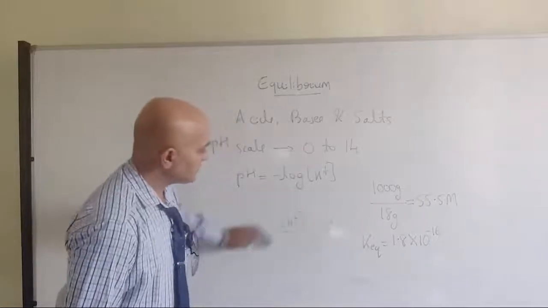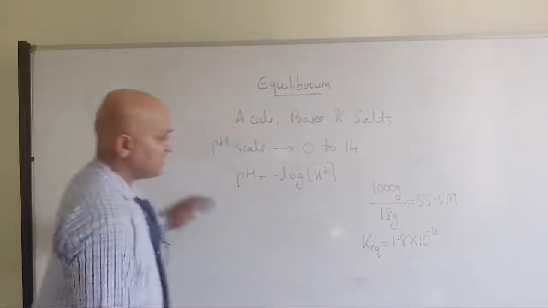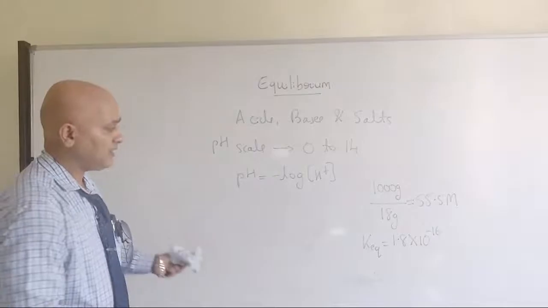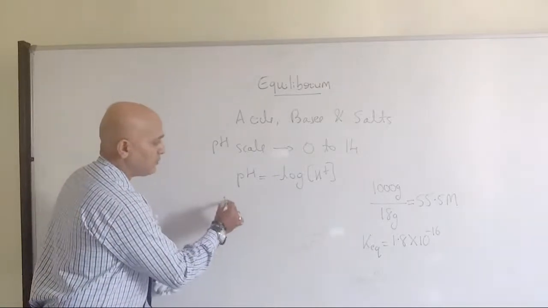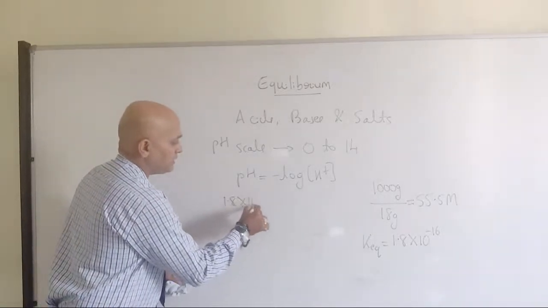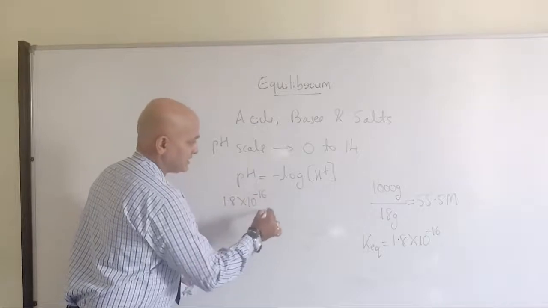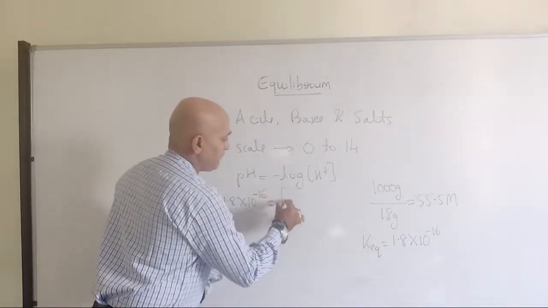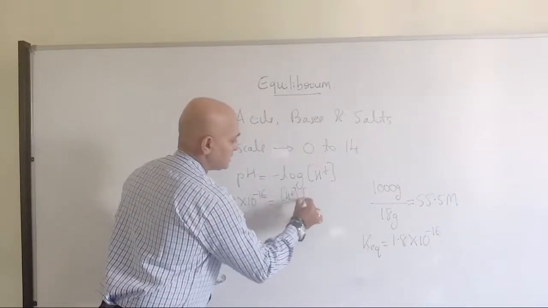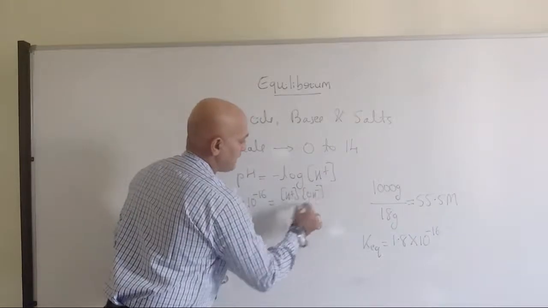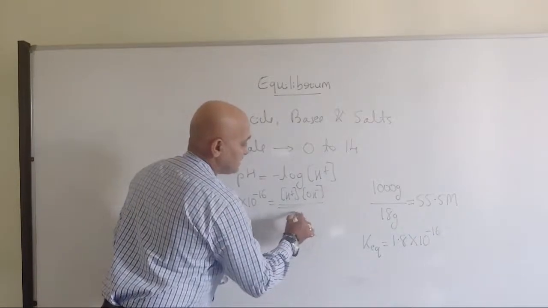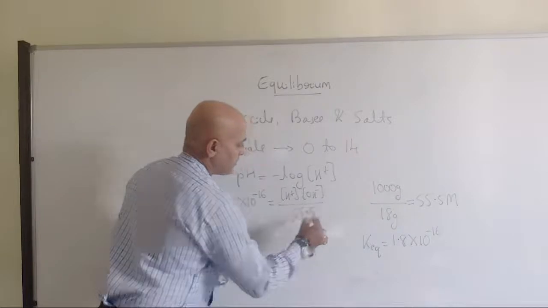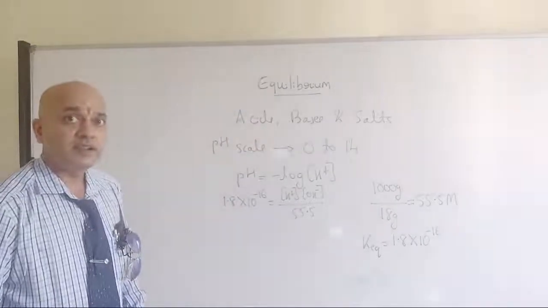Okay. So that's where we have the condition. Now I can rewrite the equation as 1.8 into 10 to the power of minus 16 is equal to H plus concentration times OH minus concentration divided by 55.5. Right?